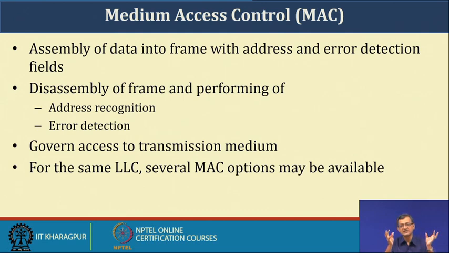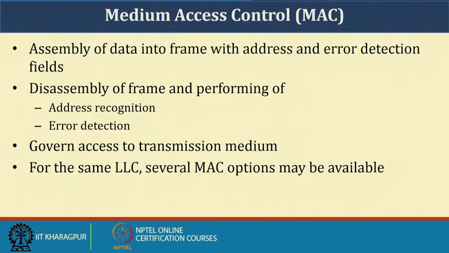The MAC exists at the sender and the receiver. It needs to put the addressing of the destination hop along with the error detection fields into the frames. On the other hand, it has to extract them and also check whether there is an error and a request for retransmission.